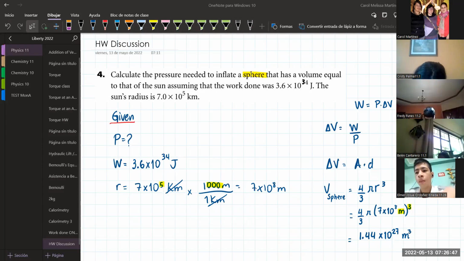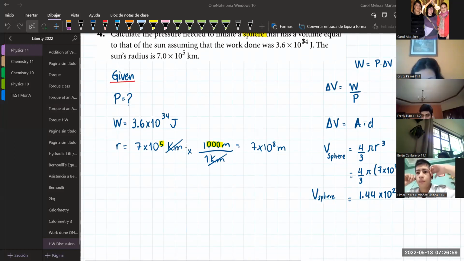So once you have the volume, you can apply the formula to find pressure.